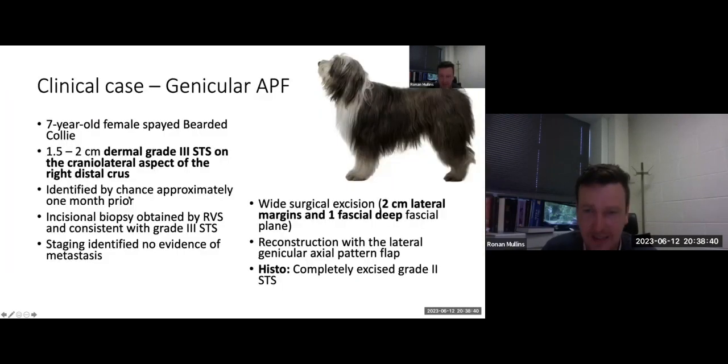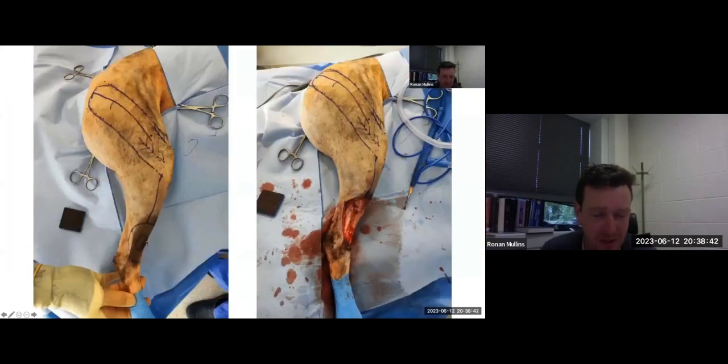In this case, based on the scan that was performed and on palpating the mass, it didn't appear to be fixed to the underlying tissues. So following conversation with the owner and taking everything into account, we went for a wide margin of 2 centimeters. Obviously, there are other options available, one being to take a more marginal approach and follow it with radiation therapy if required.